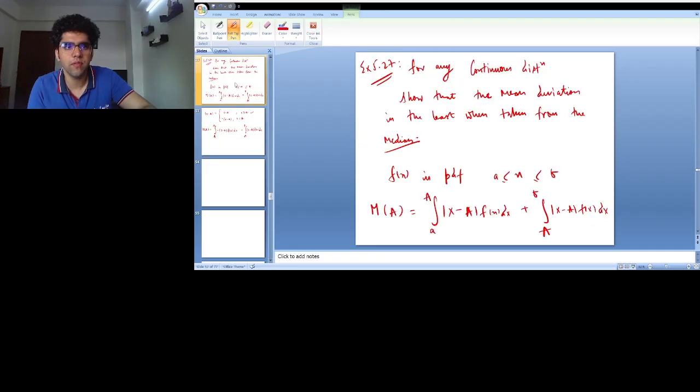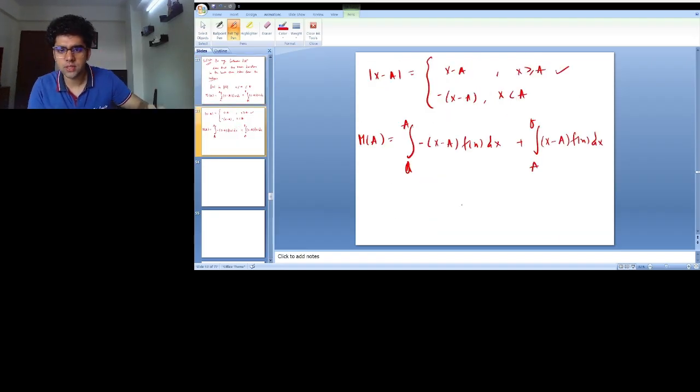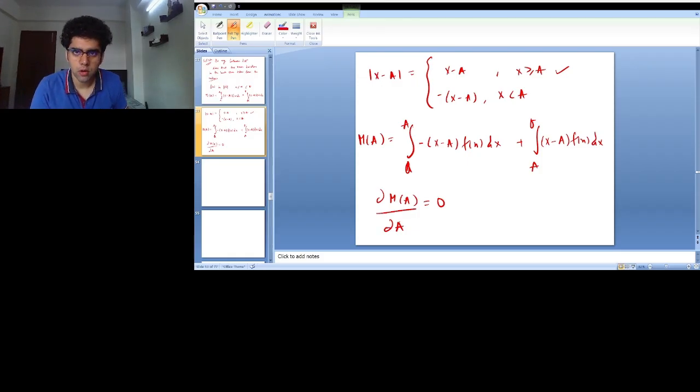My question says that we need to show that the mean deviation is the least when taken from the median. Let's suppose that my mean deviation is the least when taken from point A. But to prove this, I would need to prove that del M_A upon del A is equal to 0, that the point A is a stationary point of M_A.